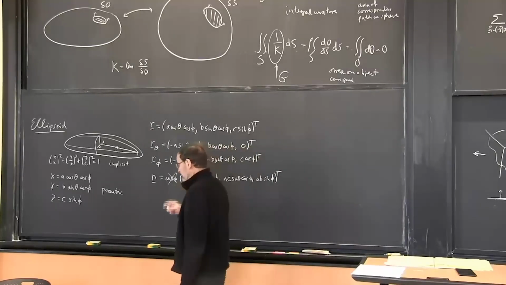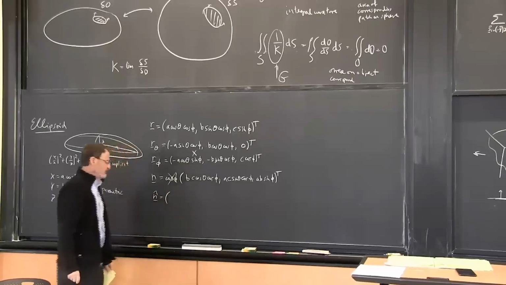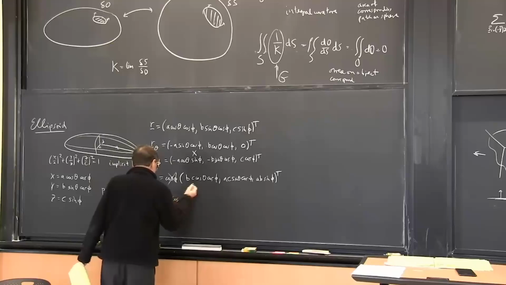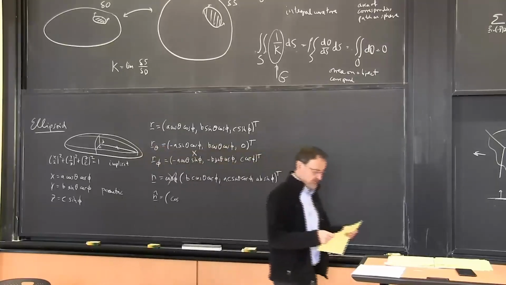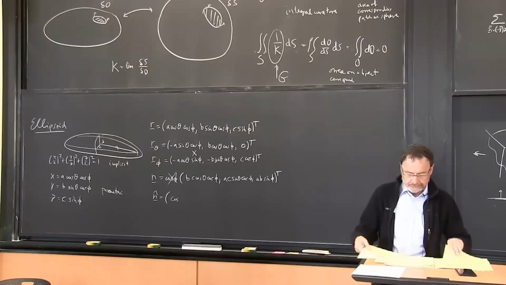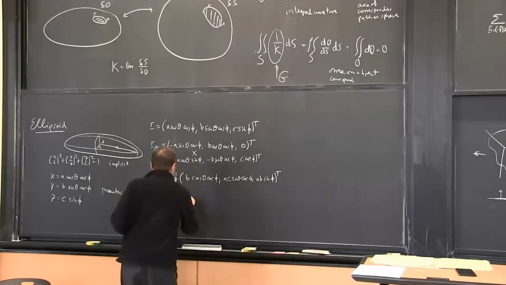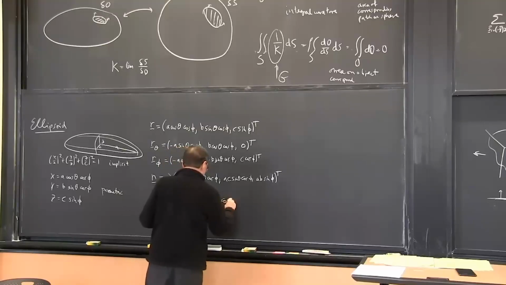So I need to define a couple of other things. On the unit sphere, there's a way of parameterizing that using latitude and longitude. Let's see, which way do I want to do it? It's the same method we used over here to parameterize positions.